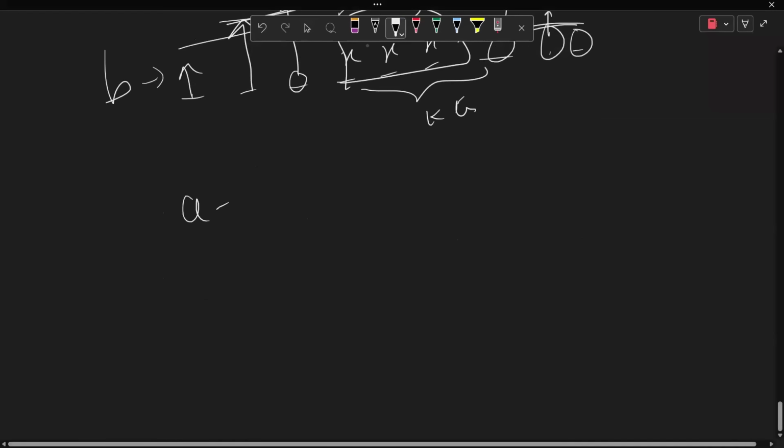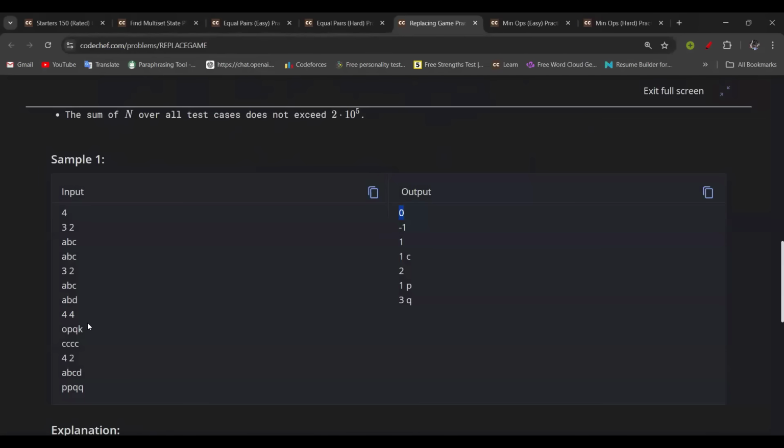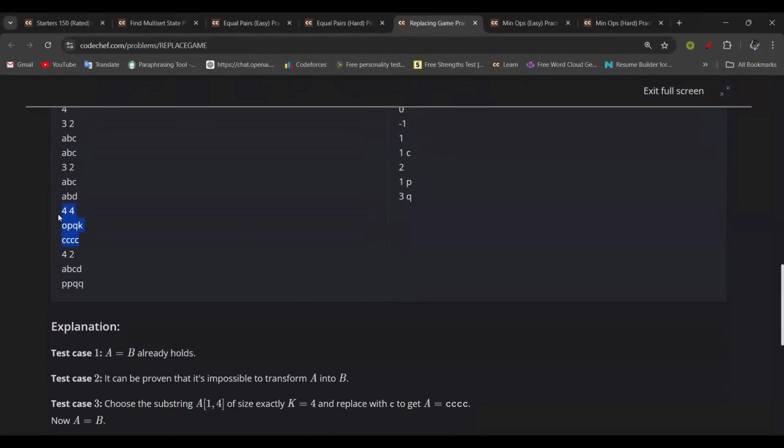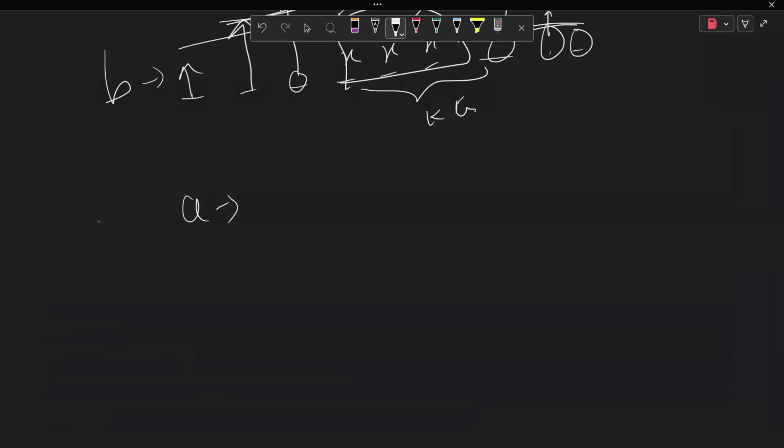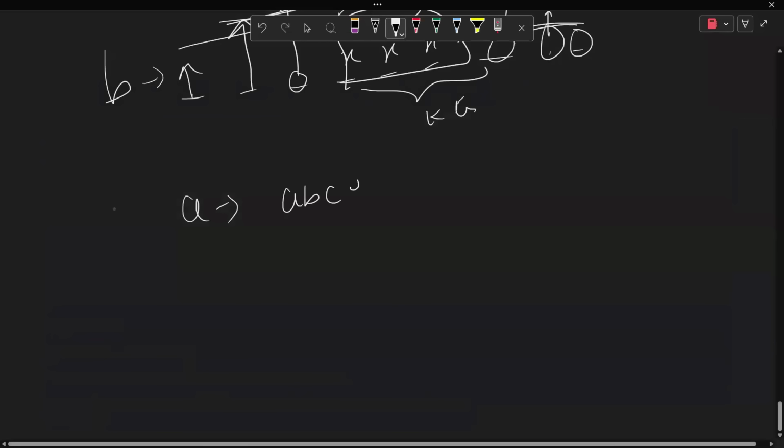Let's say you have an array A, B, C, D, E. Whatever this array A is does not matter, unless A is equal to B in the initial case.